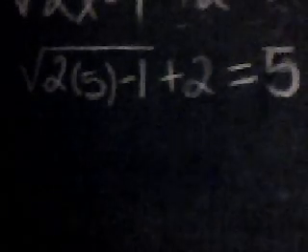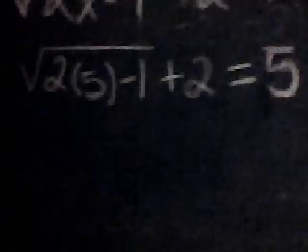Now we must check our second x value, which was 5, and when we plug it into our original equation, we are left with the square root of 2 times 5 minus 1, plus 2 equals 5. Now you must perform the math in order to get the actual value. When performing the math, you do 2 times 5 minus 1, which leaves us with 9.